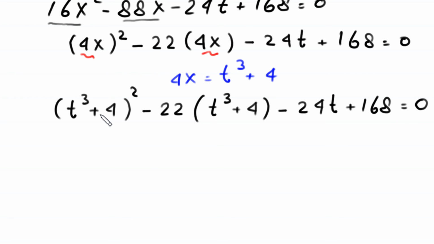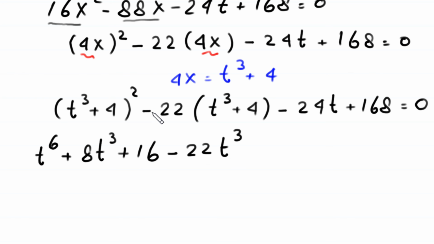Expand this (t cubed plus 4) whole squared, this will become t to the power 6 plus 8 times t cubed, and 4 squared is plus 16. Negative 22 times t cubed, and negative 22 times 4 will become negative 88, and this negative 24t remains the same, negative 24 times t plus 168 equals 0.